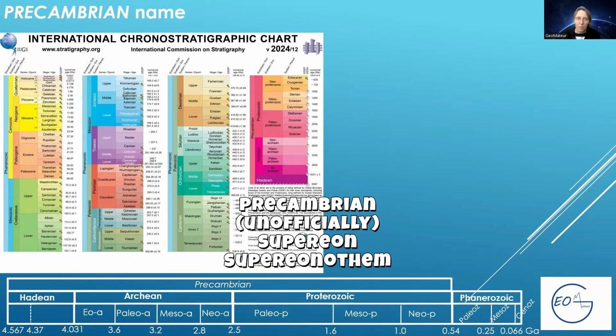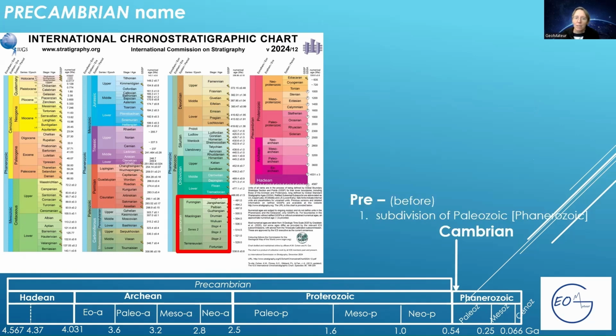The term Precambrian uses pre to mean before Cambrian, the first subdivision of the Paleozoic era or erathem in Phanerozoic, the next eonothem or eon.